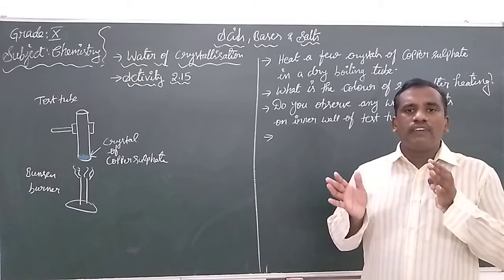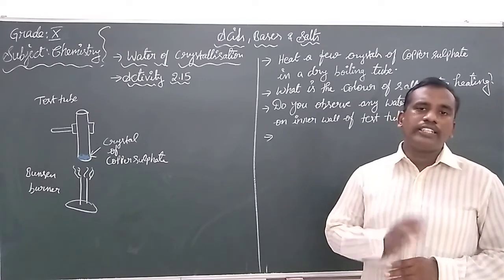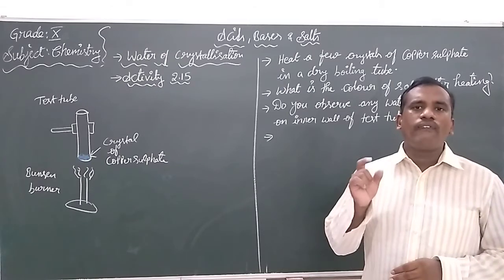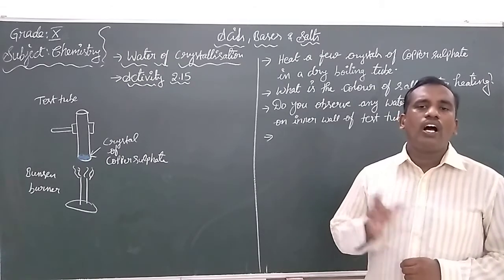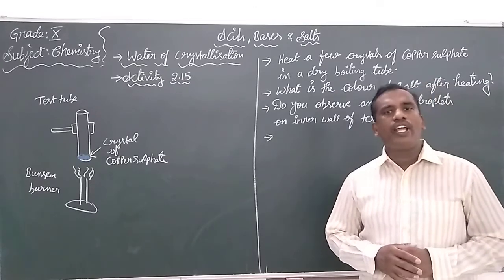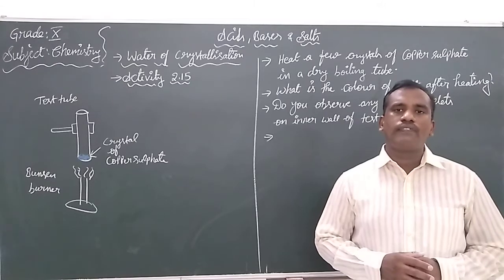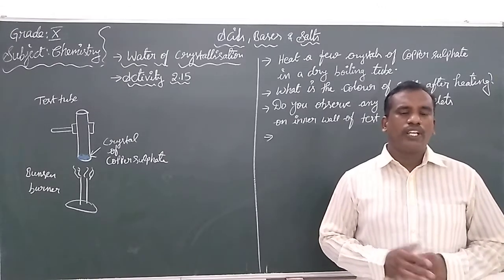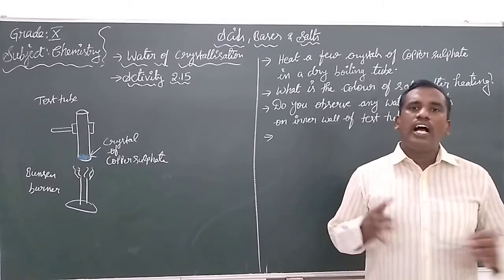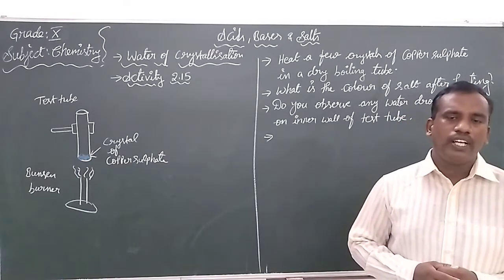So, this fixed number of water molecules attached to one formula unit of a compound, we will call it water of crystallization. I will repeat this definition again after studying one of the activities.